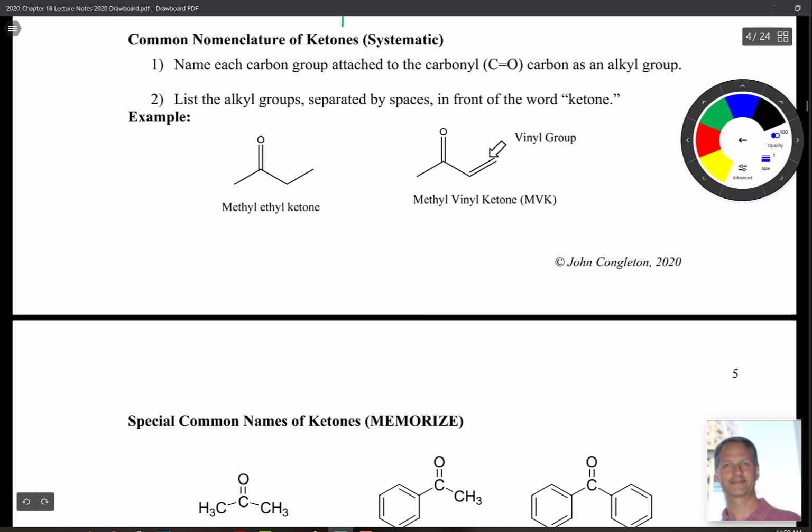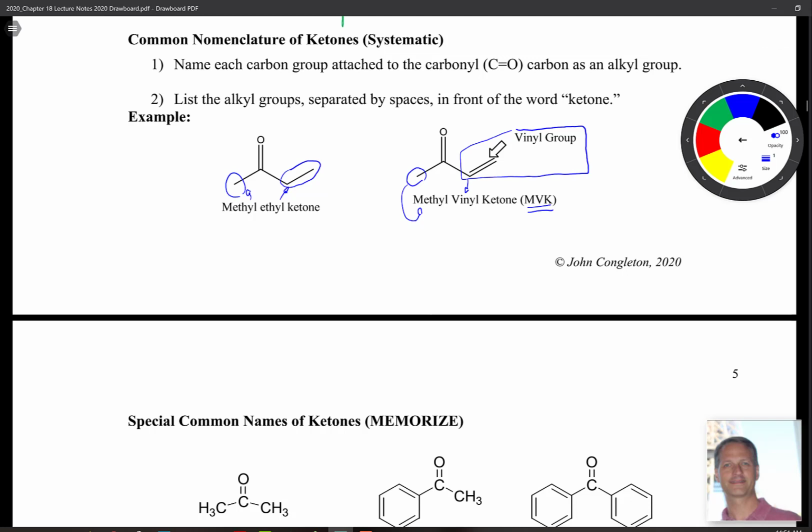So looking at this, here's your ethyl, and then here is your methyl. So methyl ethyl ketone. Again, same thing over here. Here we have a methyl group, and that group right here, I don't know if you've seen it before, is called a vinyl group. So methyl vinyl ketone, otherwise known as MVK.